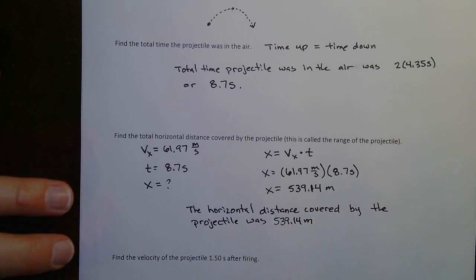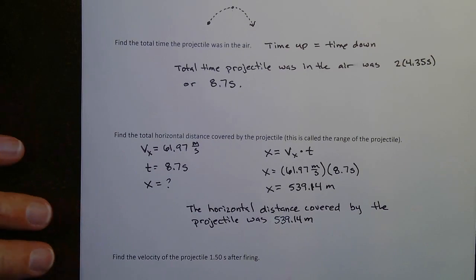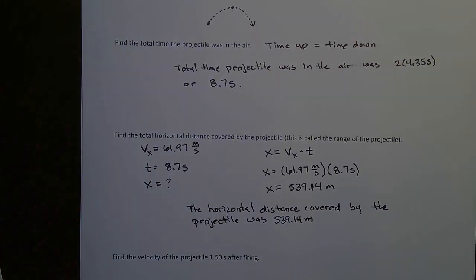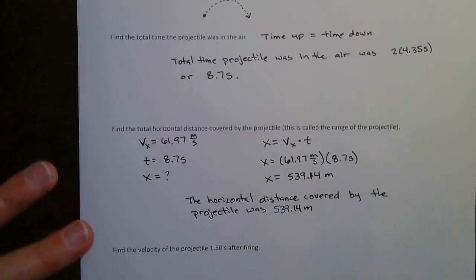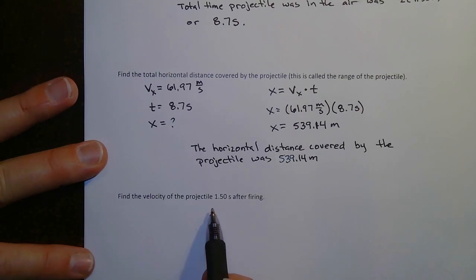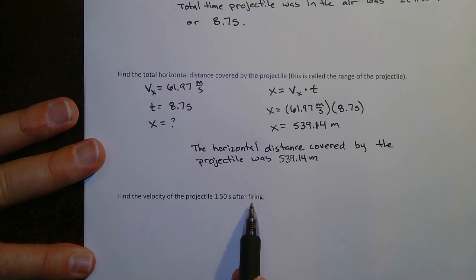All right, so let's do the last part of this. I want to find the velocity of the projectile 1.50 seconds after firing it.